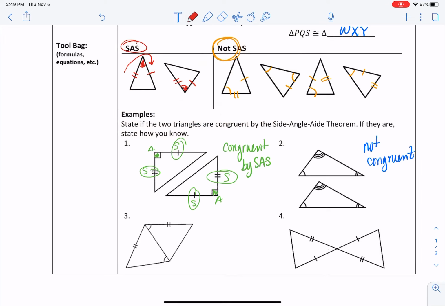When we look at number 3, I can know that this side is congruent. But while this one is side, angle, side, the two angles that are congruent, for this one, it doesn't work. This angle is not between these two sides. So this is not congruent.